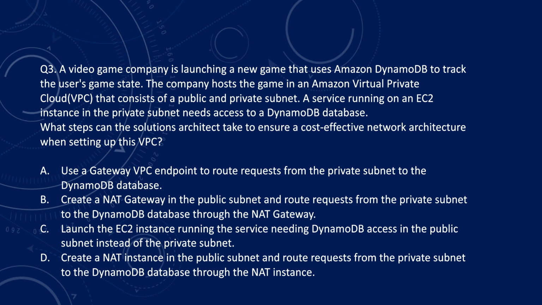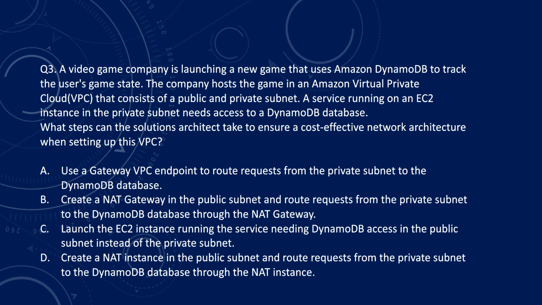So we have the options. Option A is use a gateway VPC endpoint to route a request from the private subnet to the DynamoDB database. Option B is create a NAT gateway in the public subnet and route request from the private subnet to the DynamoDB database through the NAT gateway.